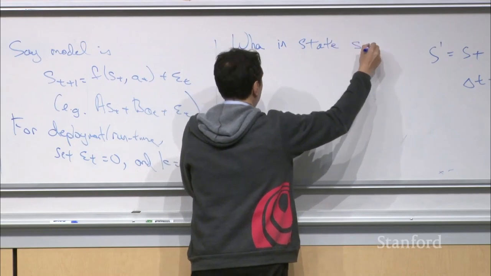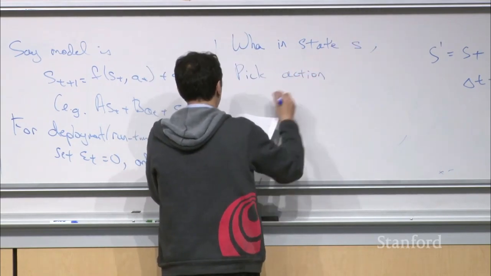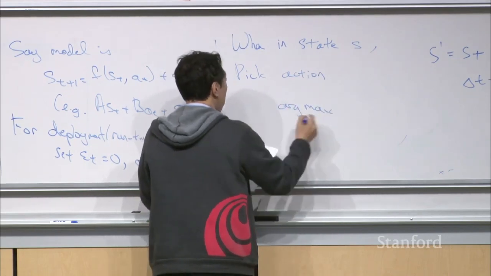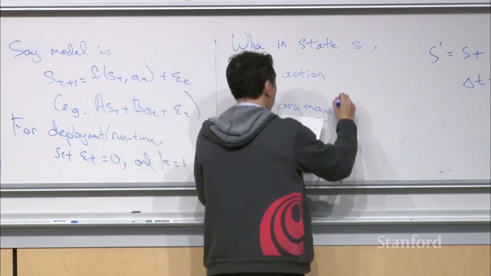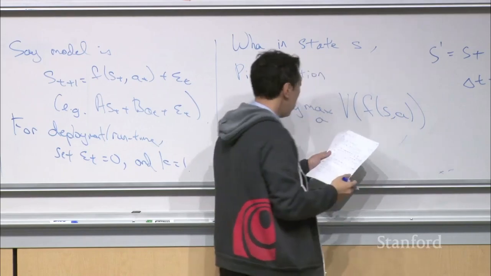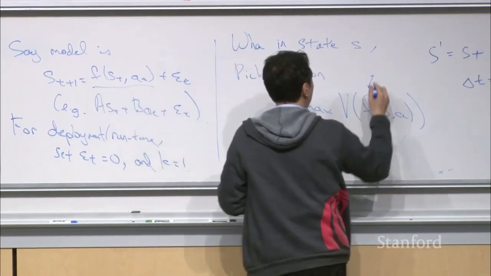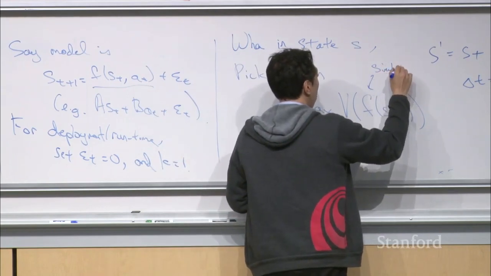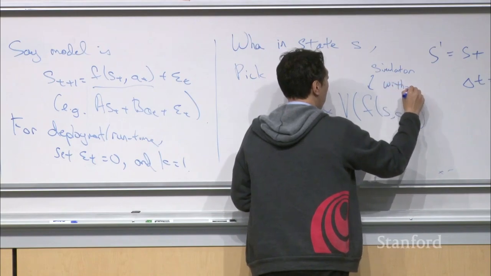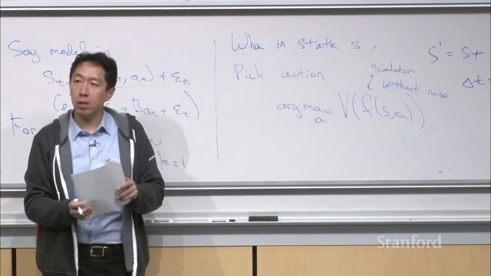Whenever you're in the state S, pick the action A according to argmax over A of V of S A, right? So this F is this F from here. So this is the simulator with the noise removed, okay?